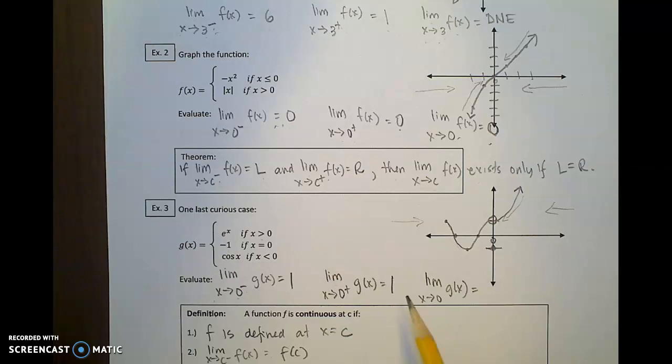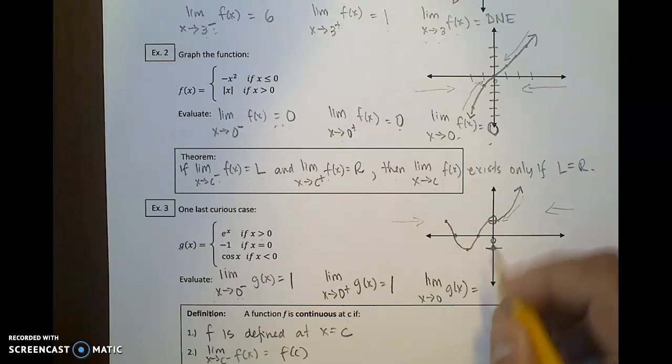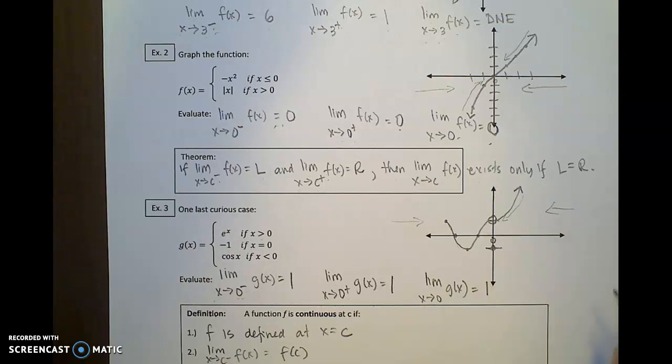Based off of the theorem that we stated above, because the limit coming in from the left and the limit coming in from the right of 0 match, the limit of this function as x approaches 0 is going to be that value of 1.